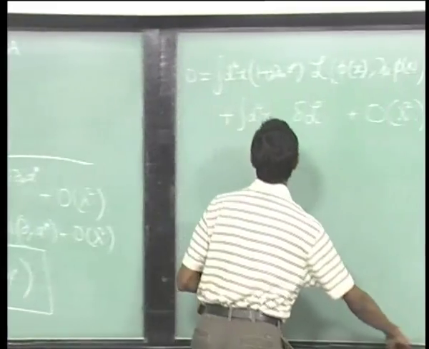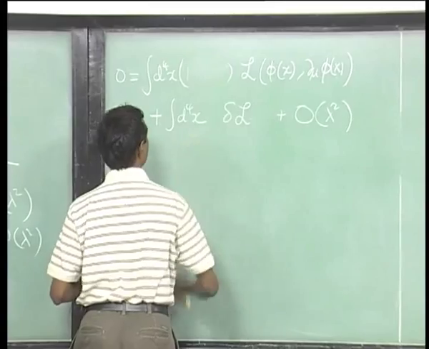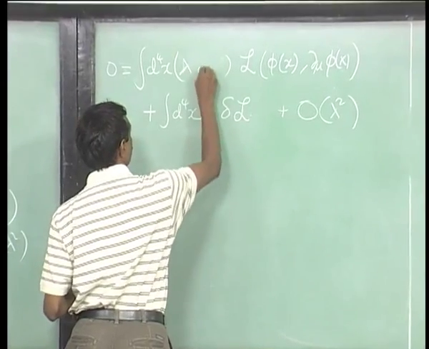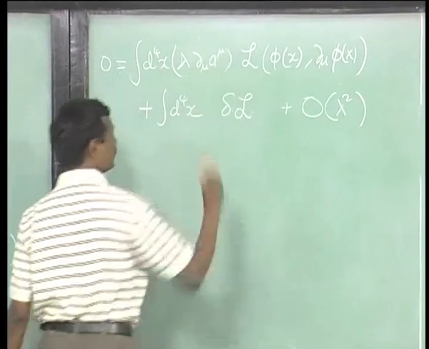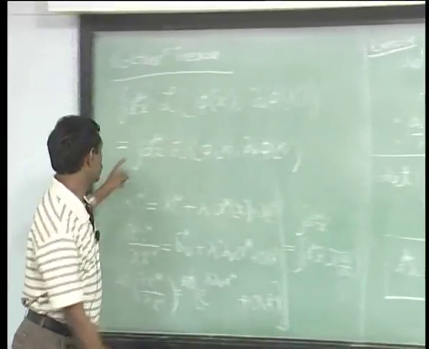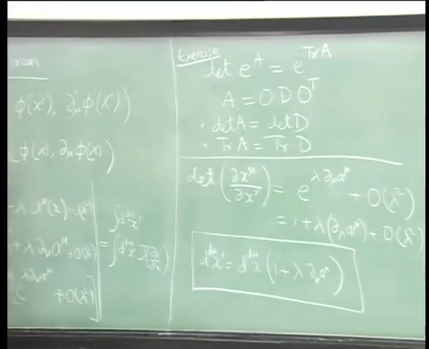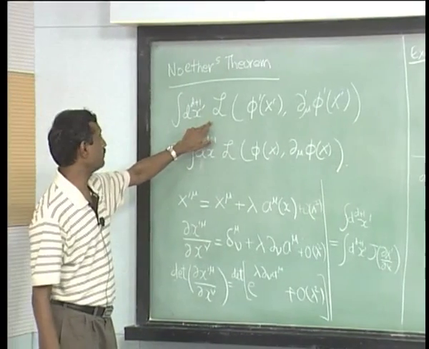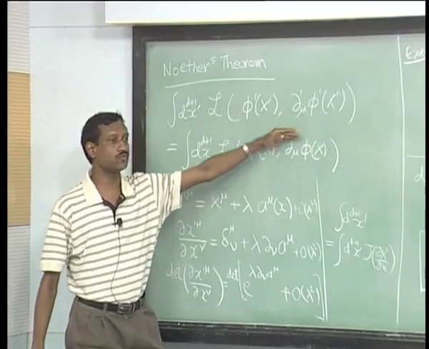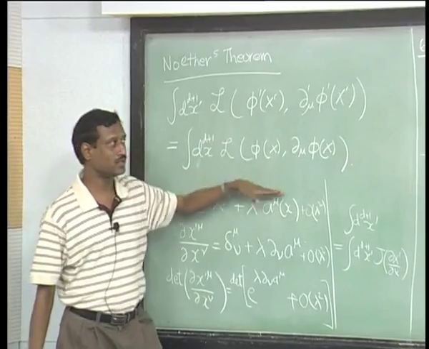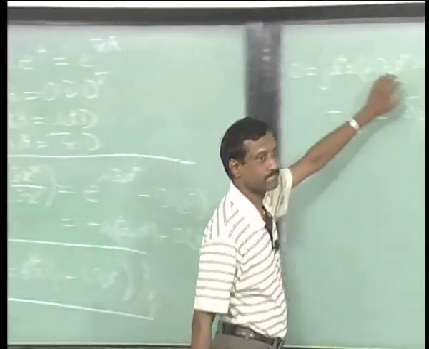Actually, I should not have a 1 out here. One term of order lambda comes when this contributes a d mu a mu times, then this will, to first order, be just the same as this. So that is what I have written out here.